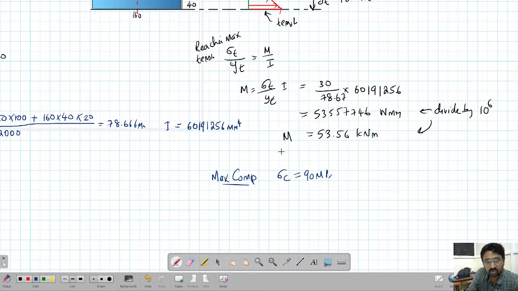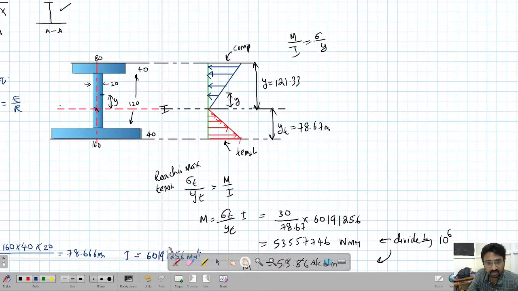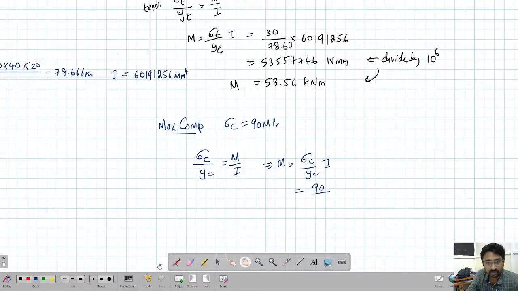In this equation we can see sigma C upon YC equal to M upon I. So M equals sigma C upon YC into I. Sigma C is 90, and YC we have found out here, 121.33, into I, which is the value you have written here, 60191256.